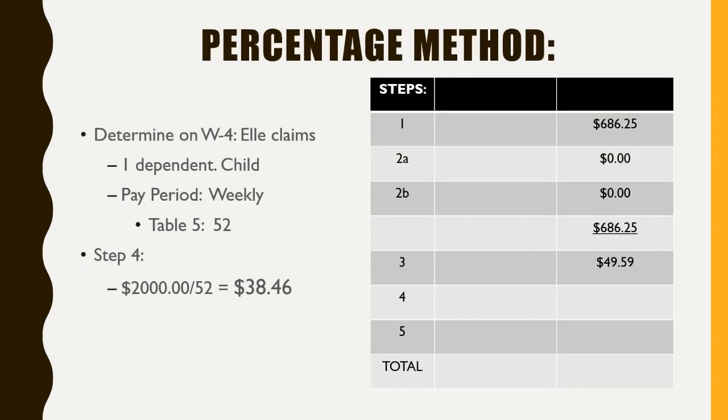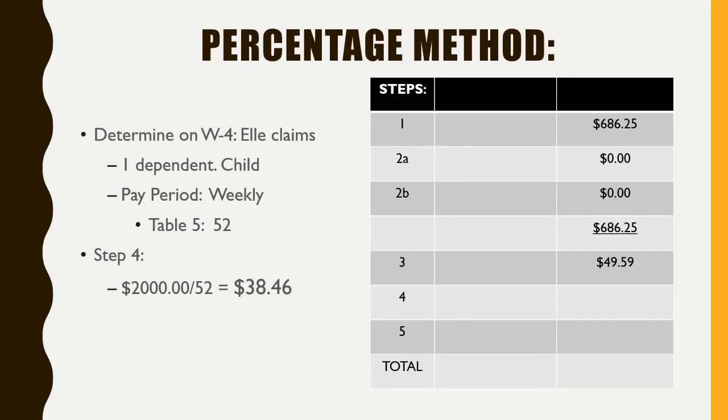What you're going to do is take that $2,000 divided by the number of payments you're going to have. In this case, we have 52 paychecks, right? Because she's getting a check every week. So her total deduction from this withholding is going to be $38.46 because she claimed a child.